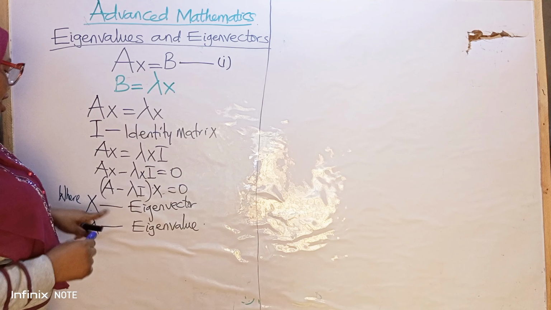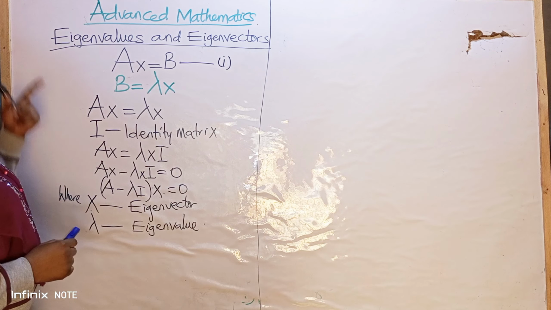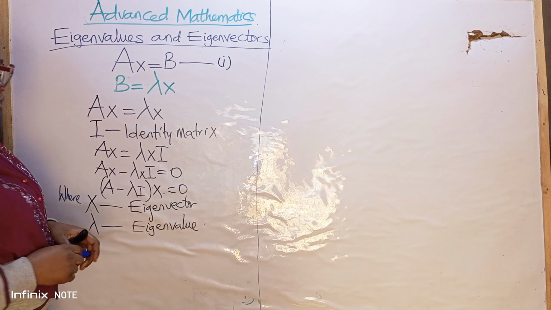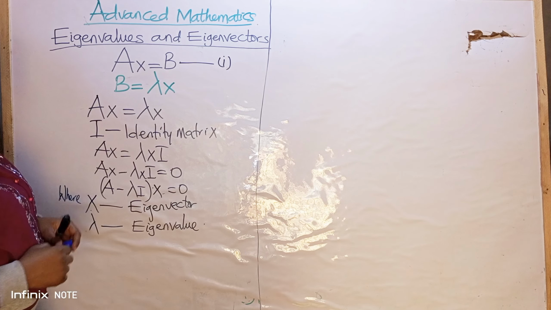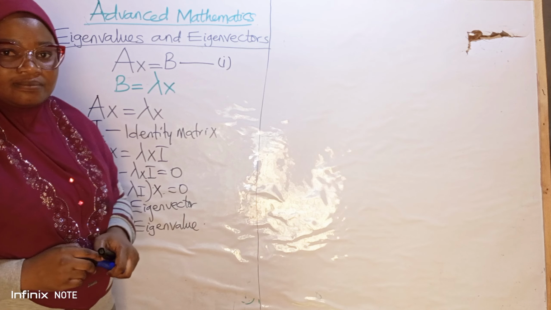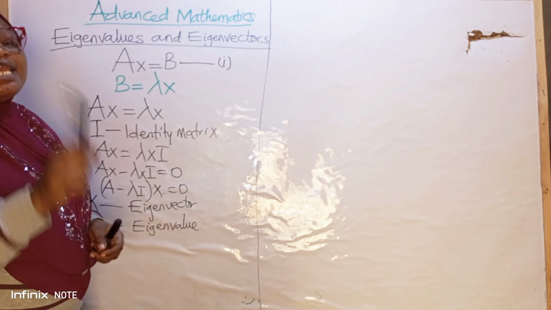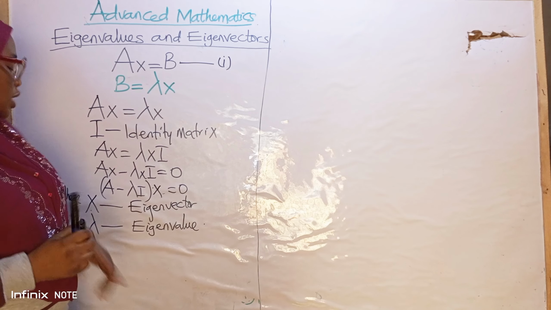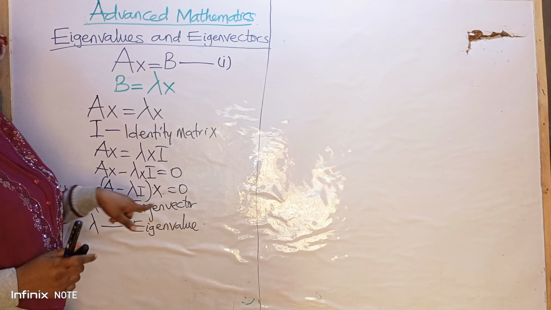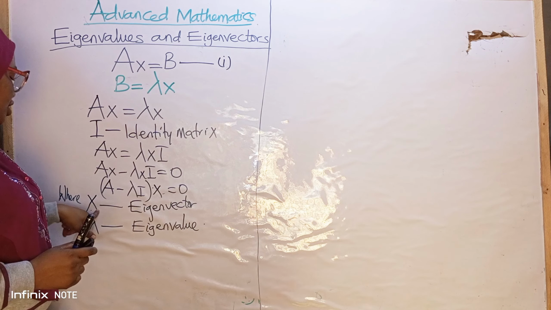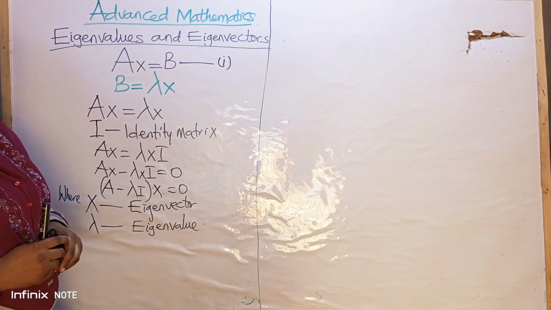You can be asked to find the eigenvalues and eigenvectors of any particular square matrix. If you are asked to find that, you are going to find the eigenvalues first. So it is the eigenvalue that will assist you in finding your eigenvectors.